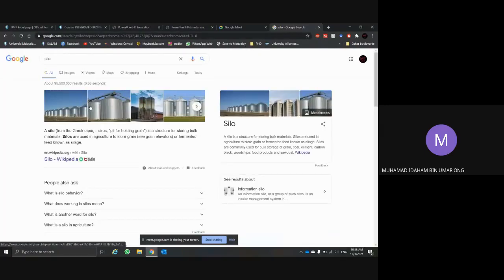Now notice here, silo. It looks like some sort of aluminum steel-based build-up of a structure. Silos are being used to basically store stuff, put grains, milk. So silo is basically one tall compartment.